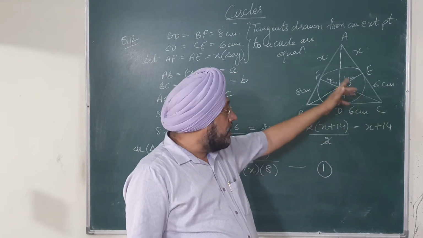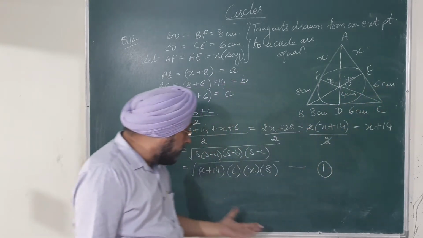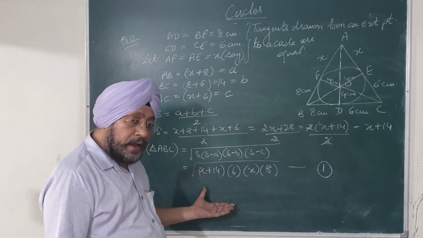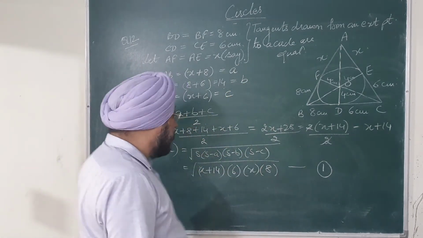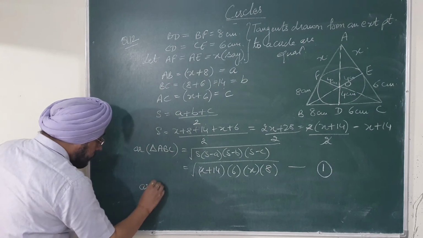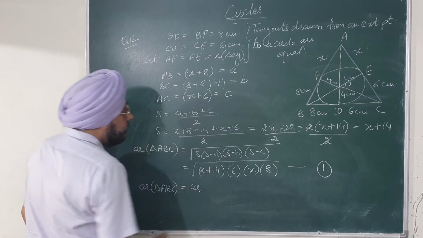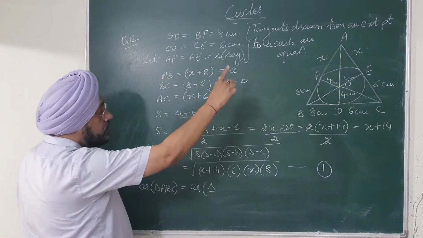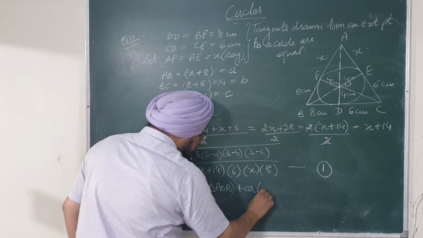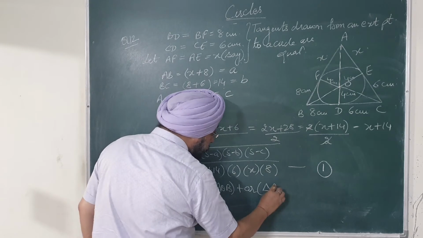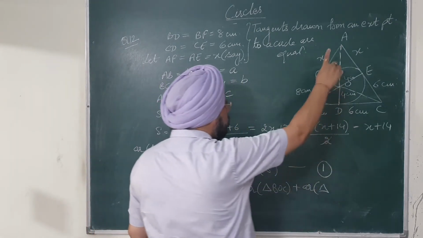So after finding the sum of the areas of these three triangles, we will equate this with this area to get the value of x, and then we are able to find what AB and AC are. So the area of triangle ABC must be equal to the area of triangle AOB plus the area of triangle BOC plus the area of triangle AOC.